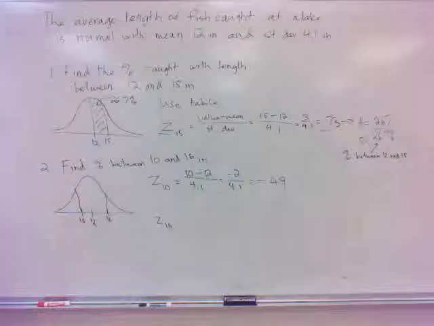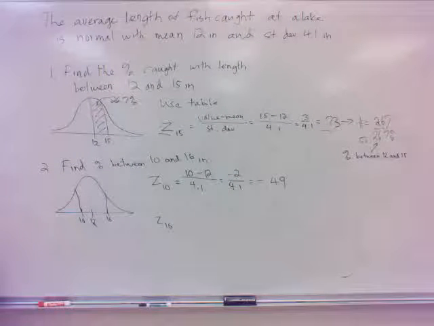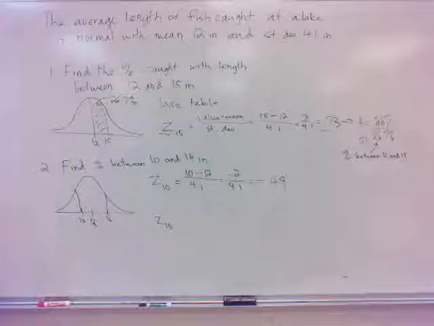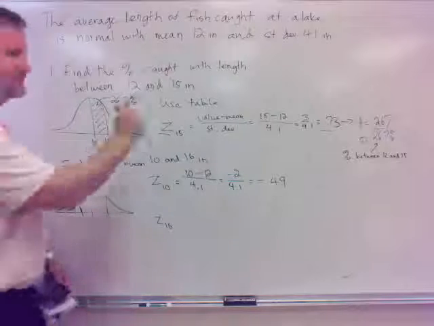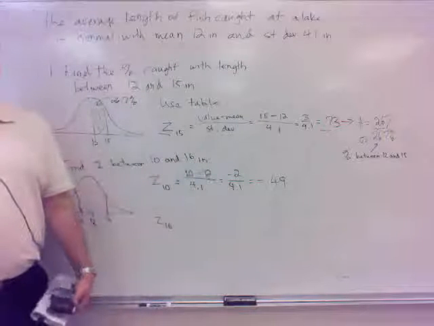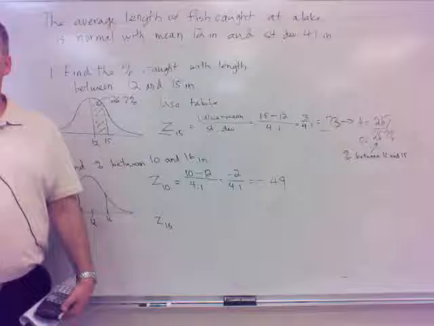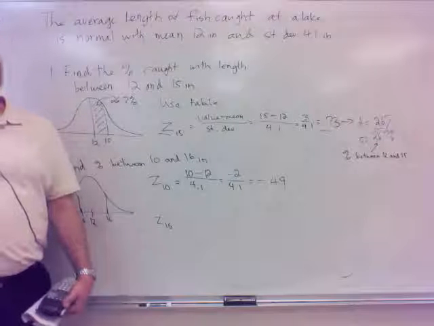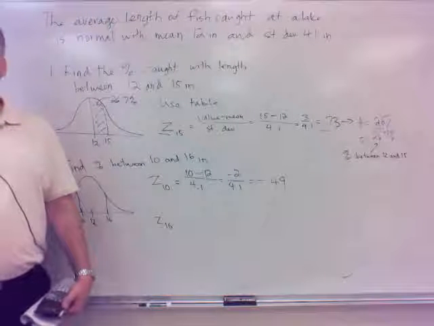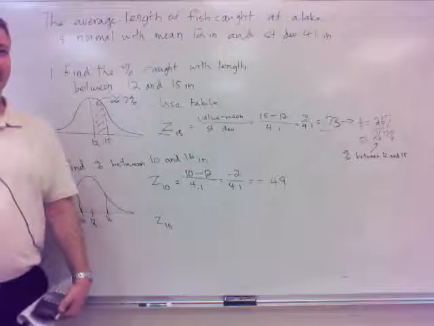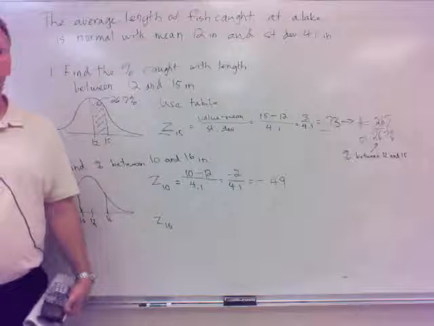But it's negative. Now looking at the table, do you see a problem with this being negative? Are there any negatives on the table? No, there are not any negative z-scores. However, the normal curve is symmetric. So guess what I can look up in place of negative 0.49? I can look up positive 0.49.